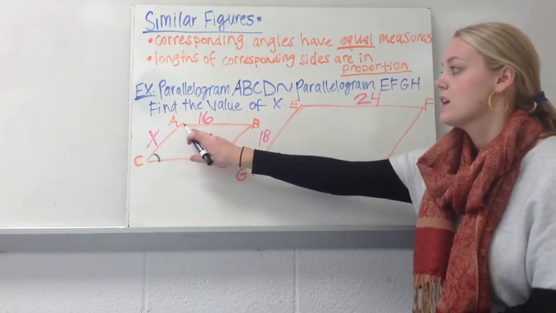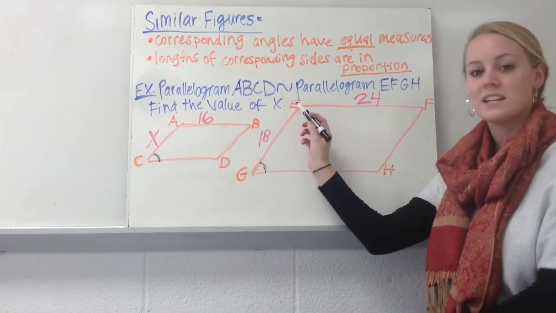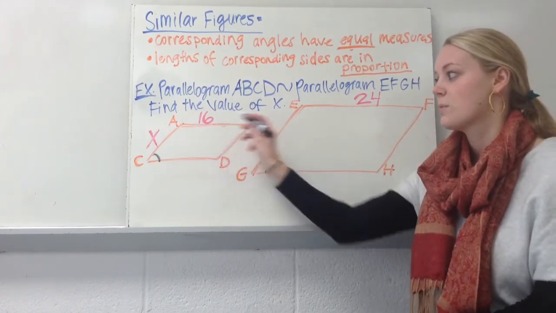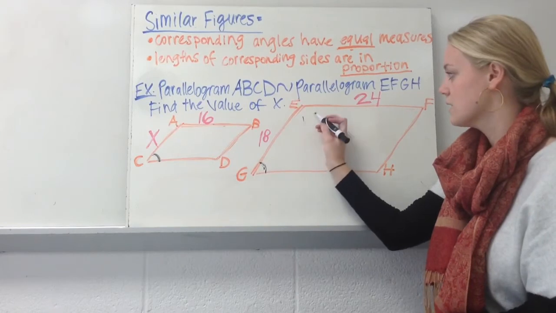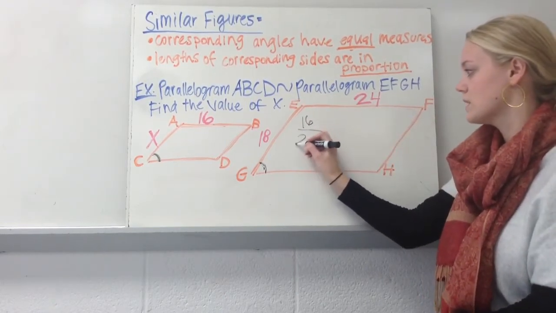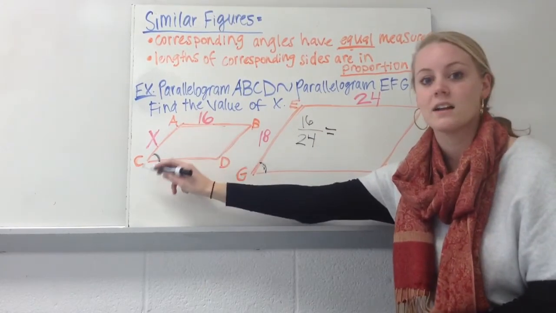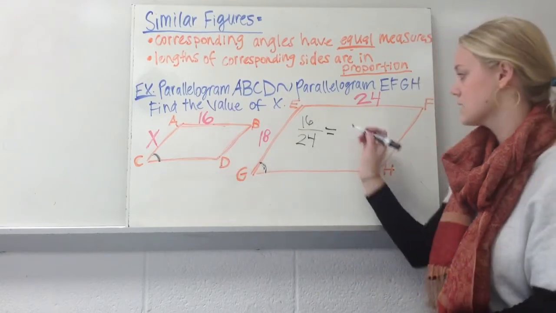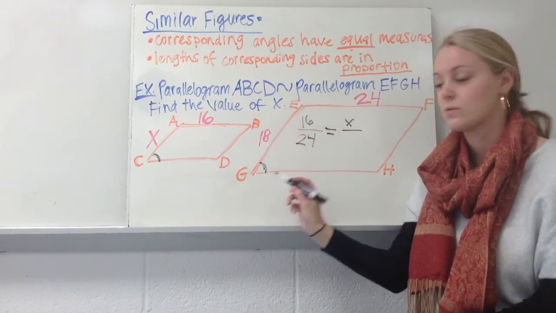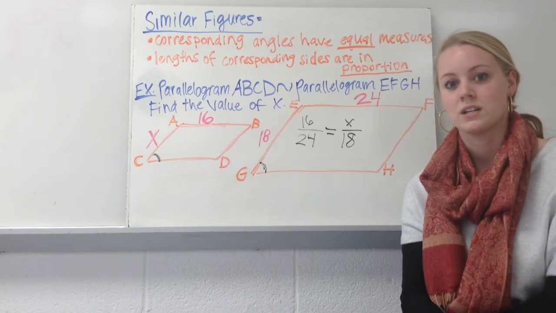First, length AB is directly similar to length EF, and so we're going to put the smaller length, 16, over the longer length, which is 24. And this is going to equal the smaller side of this parallelogram, which is x, over the larger length, which is 18. We have just set up a proportion.